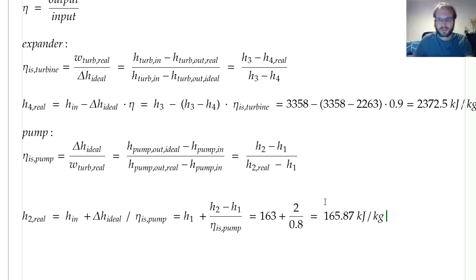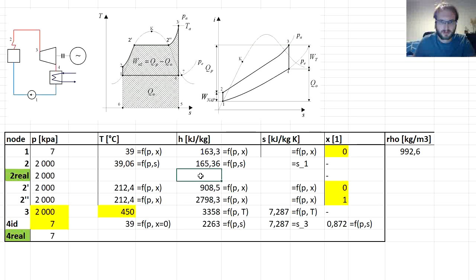Okay, now we can put these values also into our table. So at the point 2, the enthalpy at the pump outlet was 165.87, so you can see still not much of a difference.